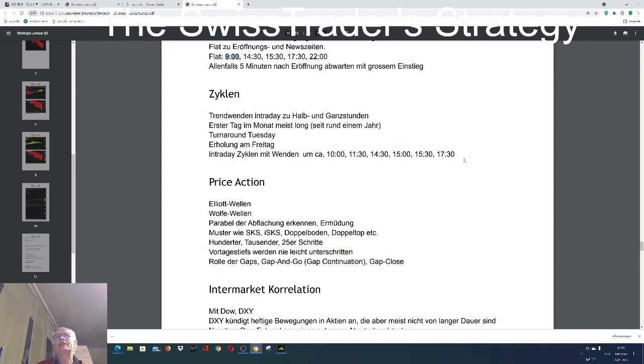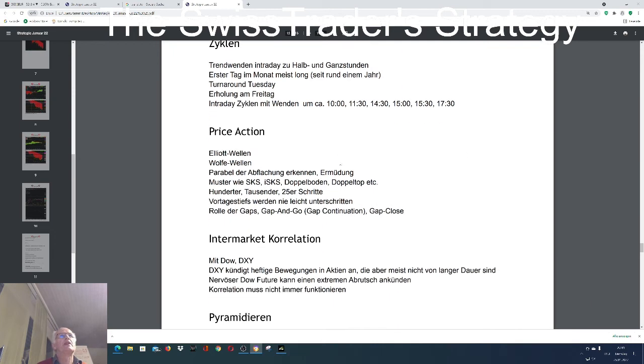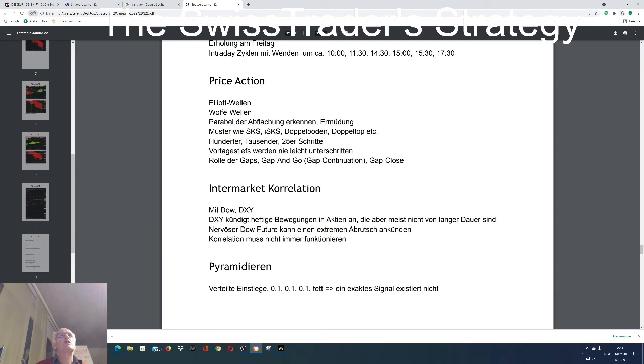And price action, you have to know Elliott waves, Wolf waves, the parabolic flattening of a trend, and patterns like head and shoulders, inverse head and shoulders, double bottoms, double tops, and so on.